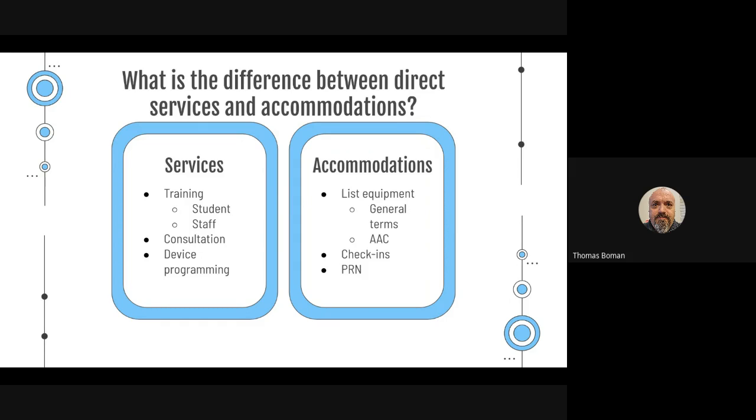Okay, so which one is not directly working with the student? So she's saying accommodations is not working directly with the student. Okay? Medicaid billing. Expand on that a little bit. So we can bill Medicaid for related services or medically related services, but we couldn't bill Medicaid for accommodations.